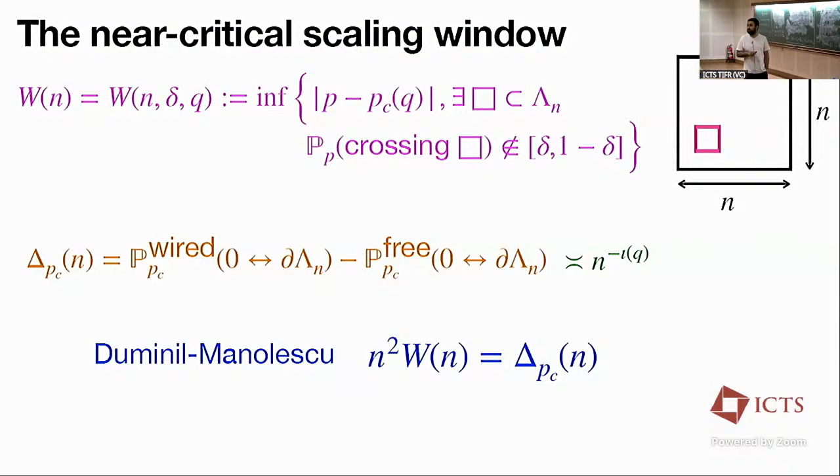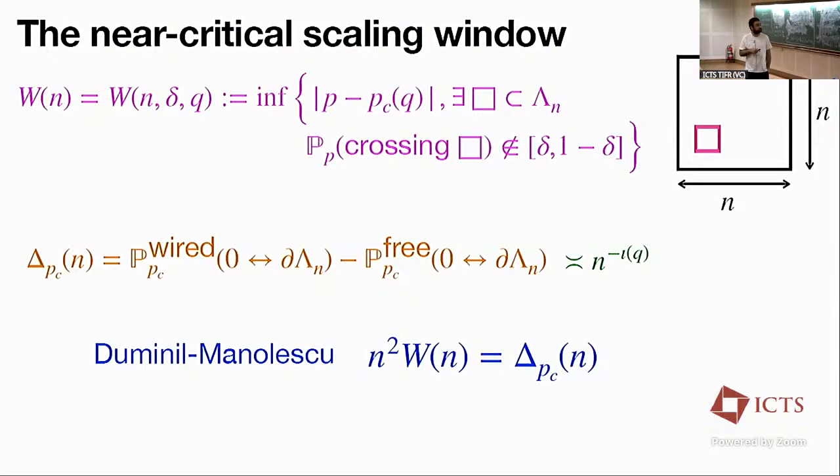So typically, for the Ising model, these are probabilities of order 1 over n to the 1 over 8. This also is 1 over n to 1 over 8. But when you take the difference, you have something of order 1 over n. So it's something very small. It doesn't make sense for percolation, actually.